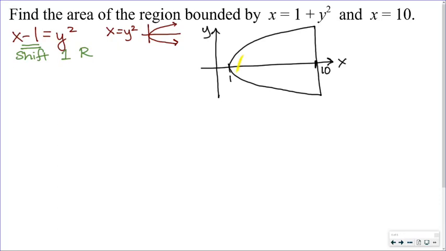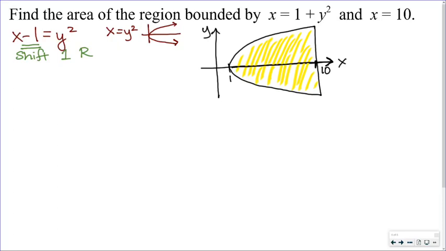And this is the region bounded. Now, we can do this two ways, and I will write out the equation two ways. First of all, we can use symmetry, and let's do this a couple of ways.